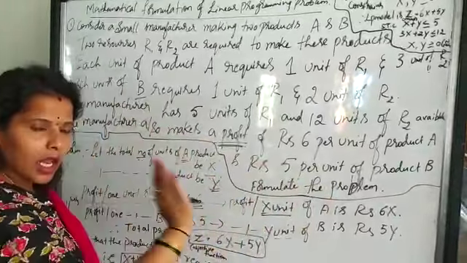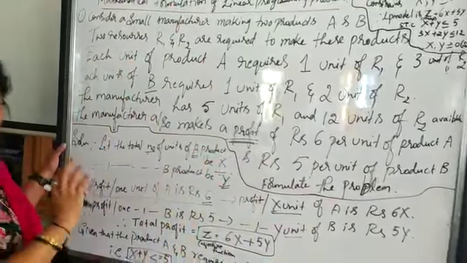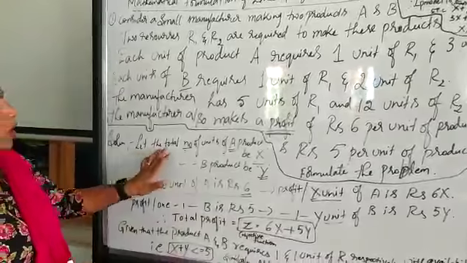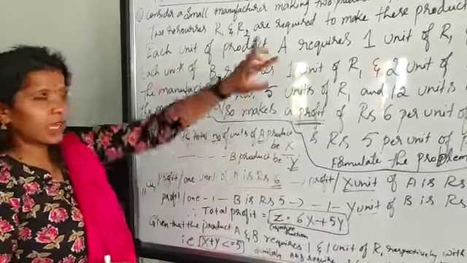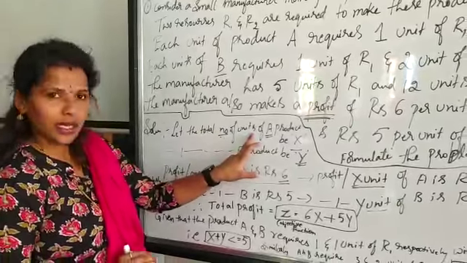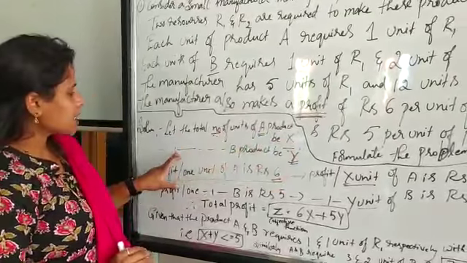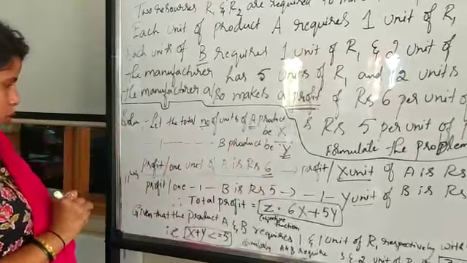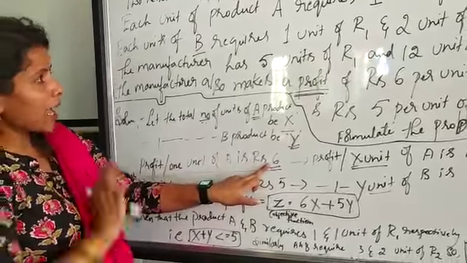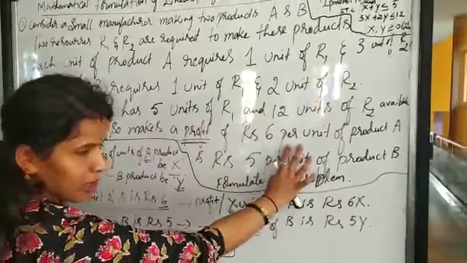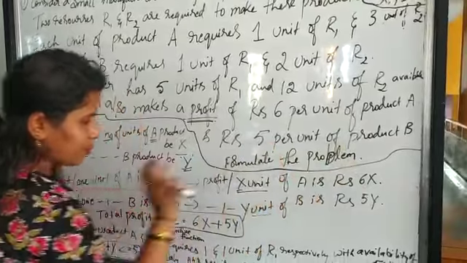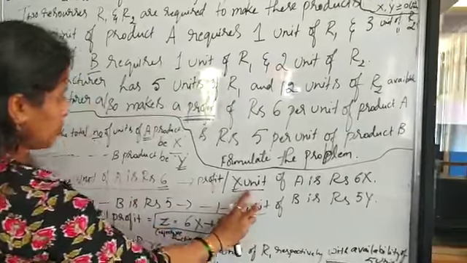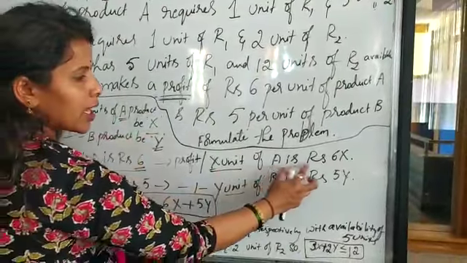Then formulate the problem. Looking at this question, we have to formulate Z, the subject to constraints, and the non-negative constraints. Let the total number of units of product A be X, and the total number of units of product B be Y. The profit for 1 unit of A is 6, so the profit for X units is 6X.